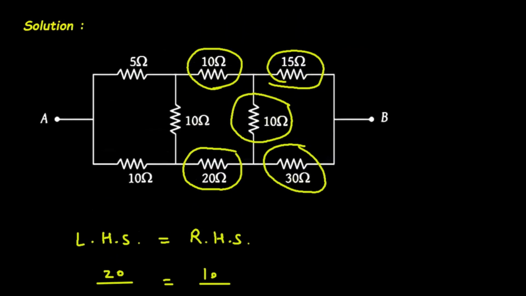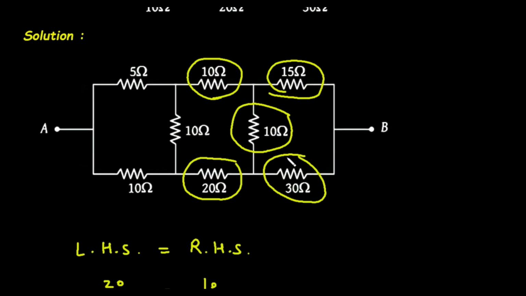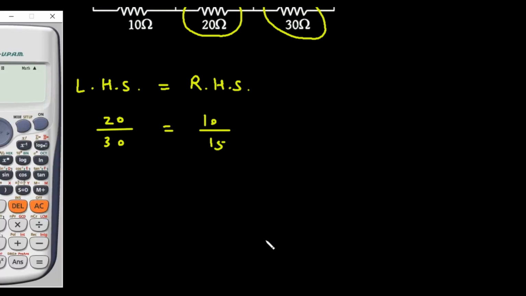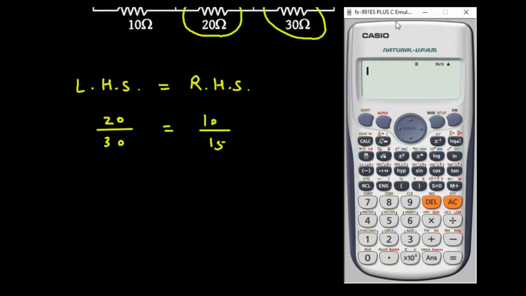Now what we are doing, we are checking whether the bridge is balanced or not. If the bridge is balanced, that means no current will flow through this 10 ohm. So let's see. Now we will check the ratio of this. So 20 divided by 30 is 2 by 3.